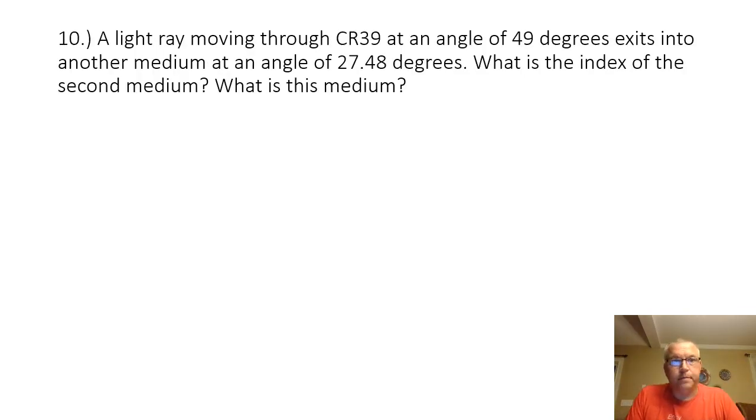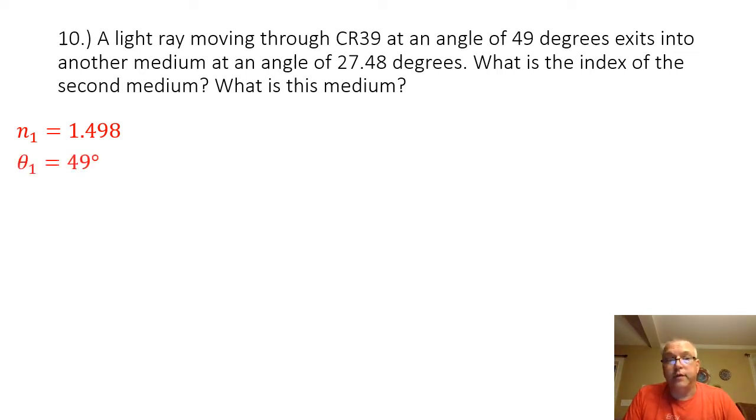Problem 10. A light ray moving through CR39 at an angle of 49 degrees exits into another medium at an angle of 27.48 degrees. What is the index of the second medium, and what is the second medium? My index of refraction for the CR39, which I get from the table on this worksheet, is 1.498.